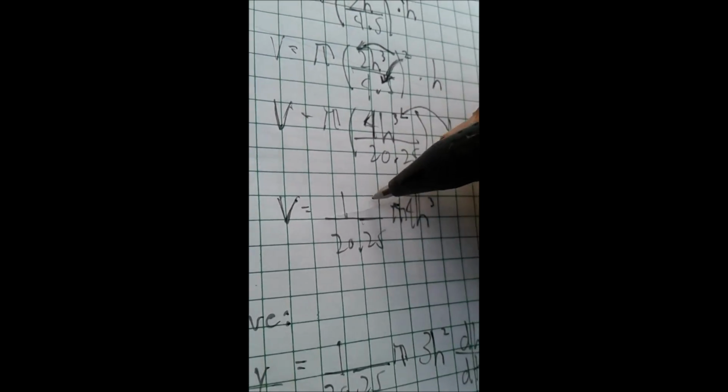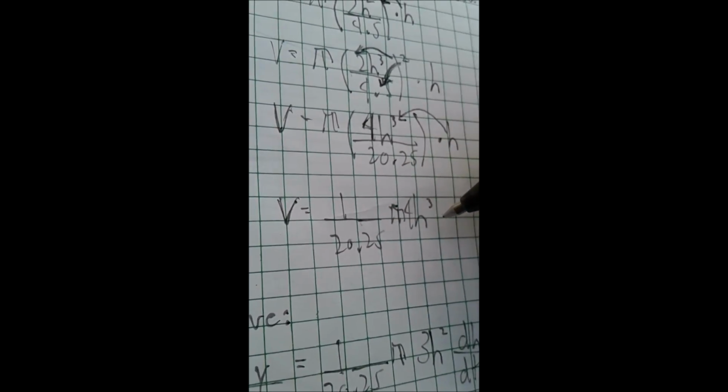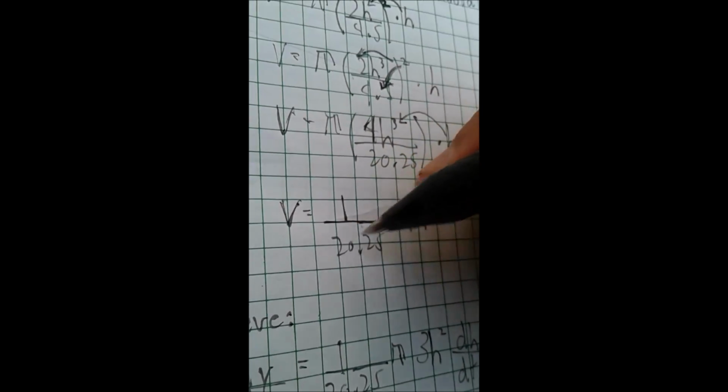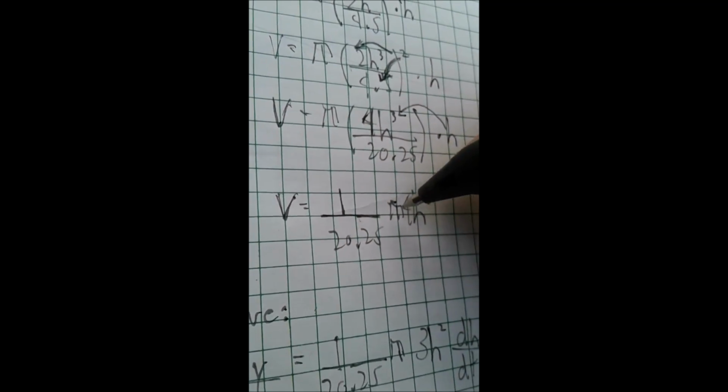We just extracted 4h cubed as a property of mathematics for 1 over 20.25 to be multiplied to pi itself. I know it's complicated, but assuming this value right here would be in line for this derivative equation. So we only had to get the derivatives of all these values right here.